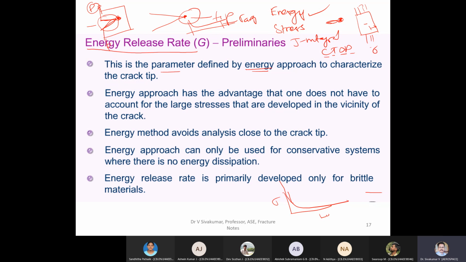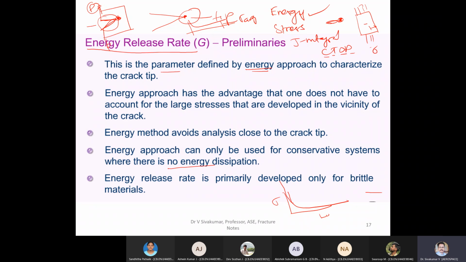The energy approach can only be used for conservative systems where there is no energy dissipation. Once you have a crack and apply the load, the energy will be there. As the crack grows further, the energy is converted into another form, a pure conversion from one form to another.